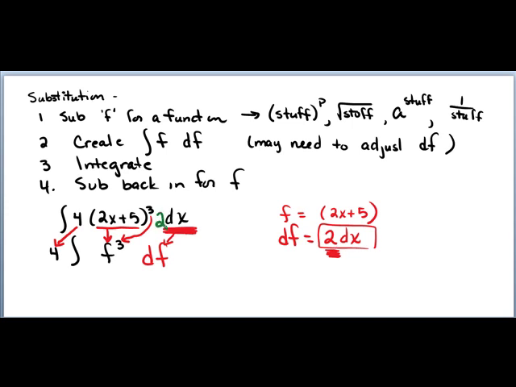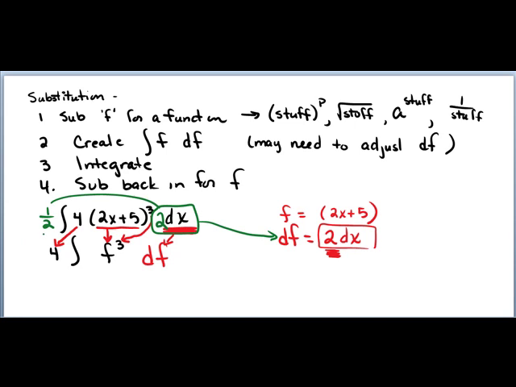But now I have multiplied this integral by 2, so to balance that out, I have to multiply it out front by 1/2, because 1/2 times 2 is really just 1. So I'm just changing how it looks. So 2 dx matches df.